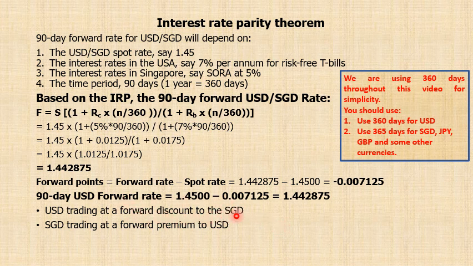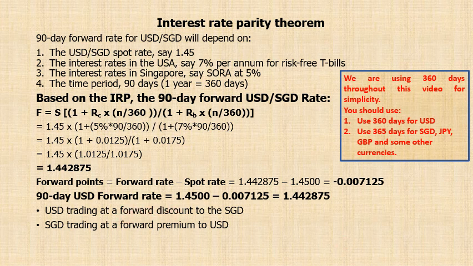We can say that USD is expected to depreciate against the SGD. The SGD is trading at a forward premium to the USD, or we can say that it is expected to appreciate against the USD. These facts align with the IRP because the currency of the country with the higher interest rate, the US, is trading at a forward discount, that is, the forward rate is less than the spot rate, and vice versa.